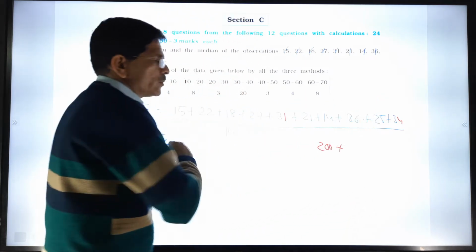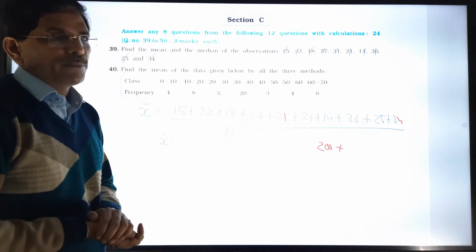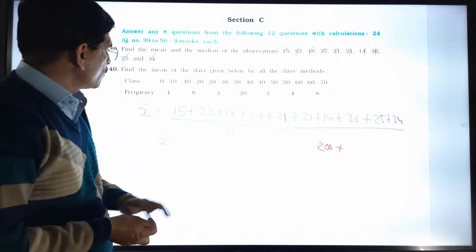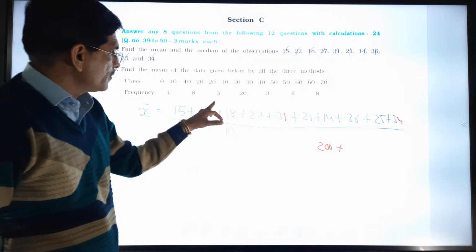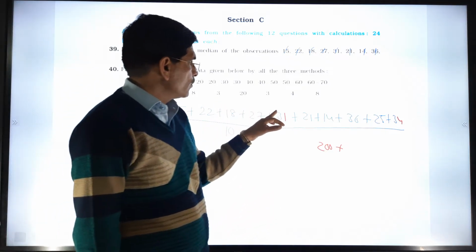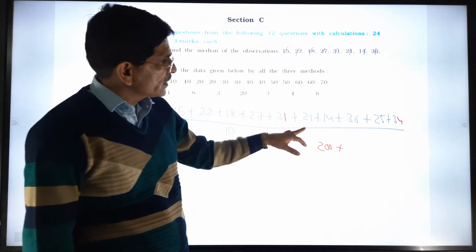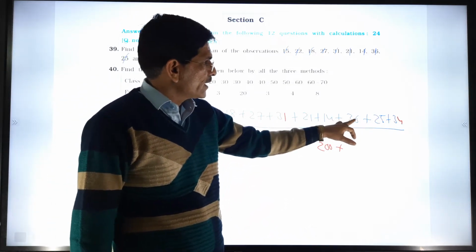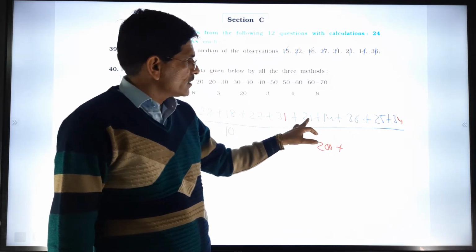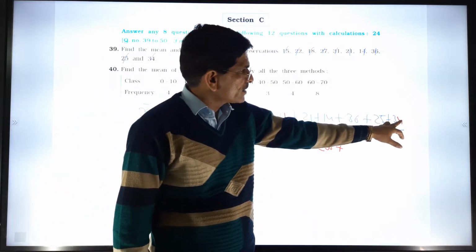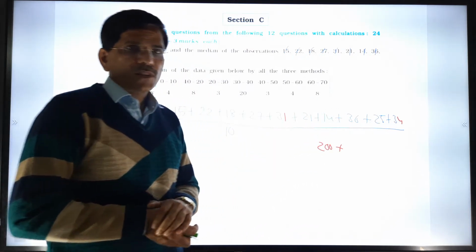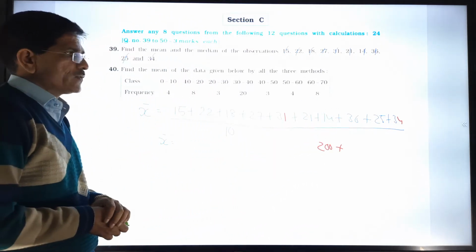Now you only have to add the unit place values. So 5 plus 2, 7, 7 plus 8, 15, 15 plus 7, that is 22, 22 plus 1, 23, 23 plus 10, 33, plus 1, 34, 34 plus 9, that is 43.